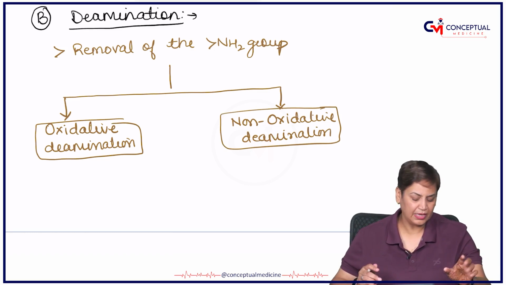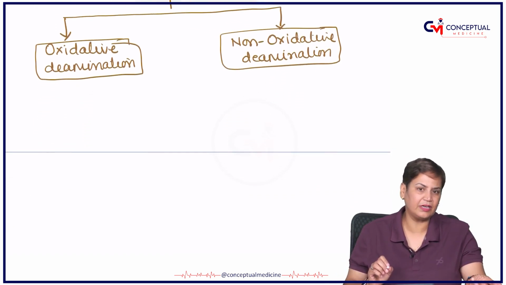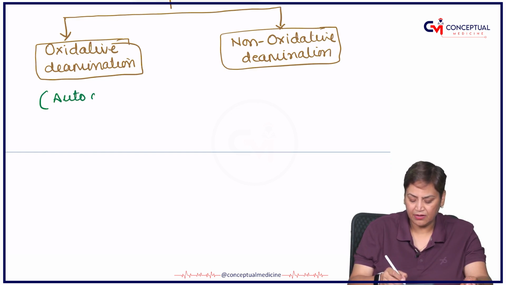So we can say that in the presence of oxygen and in the absence of oxygen, the amino group is removed. If we talk about oxidative deamination, it is clear from the word itself, oxygen is required, and this is in the presence of auto-oxidizable flavoproteins.